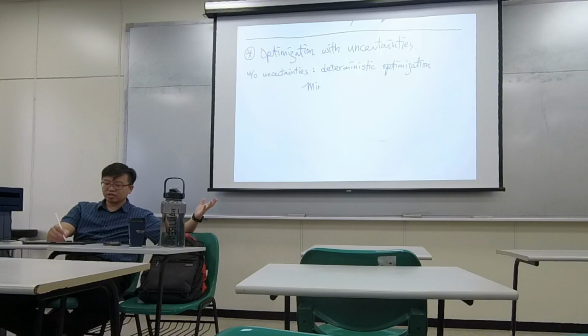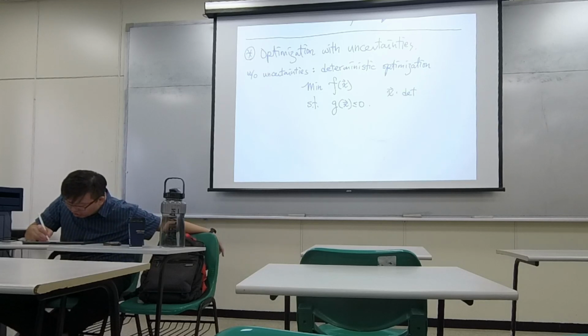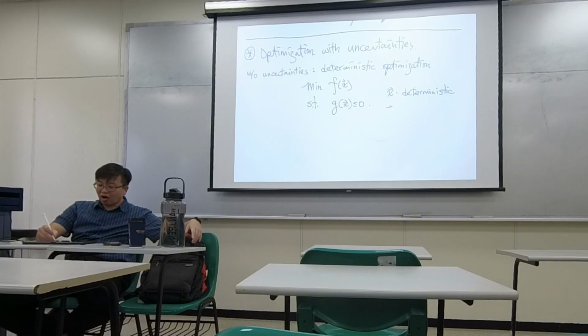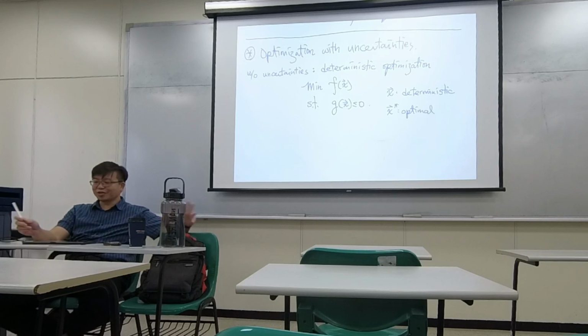It's like this. Minimize, subject to g of x. So x is deterministic. So whenever you say, oh, this is your optimal, it's your optimal. There is no uncertainty, no errors, precise, deterministic.